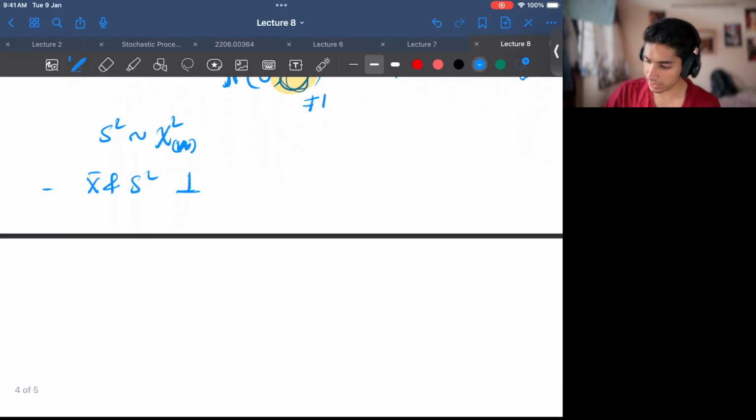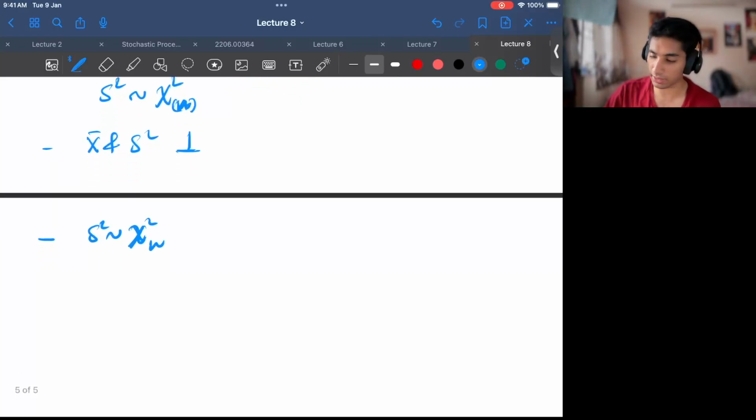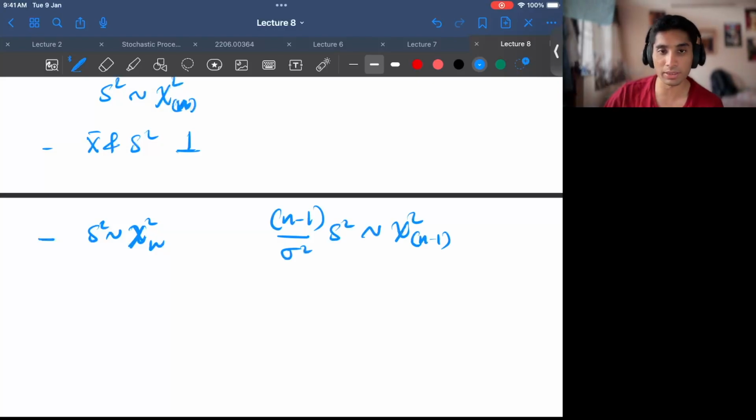The other thing is that if s square is distributed according to chi-square with degree of freedom n, then n minus 1 over sigma square times s square will again follow a chi-square distribution, but with degree of freedom n minus 1. This is a property of the chi-square distribution.